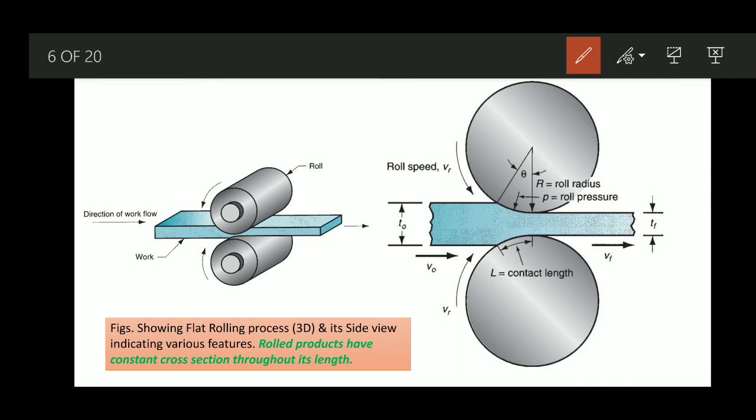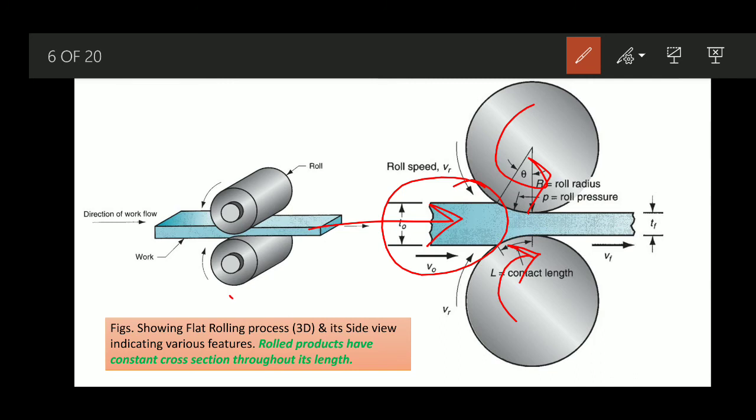In the initial passes there will be some loss in volume due to the filling up of voids and cavities which may be there in the initial ingot. Suppose we are working on this thick metal, and with the help of two rolls rotating in opposite directions we are applying compressive force on it.